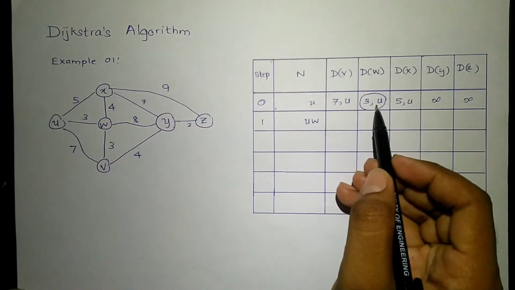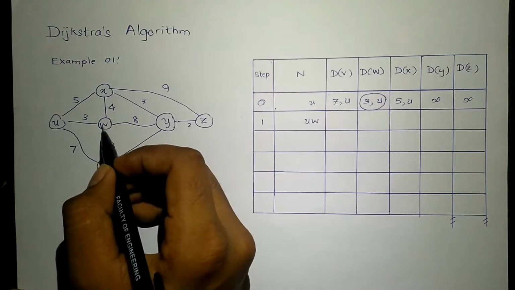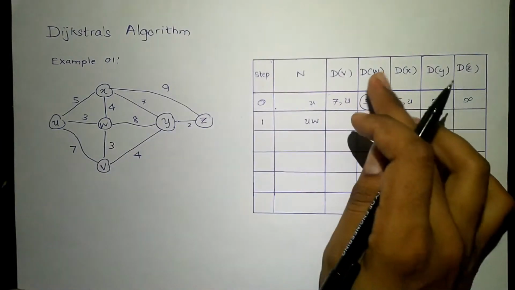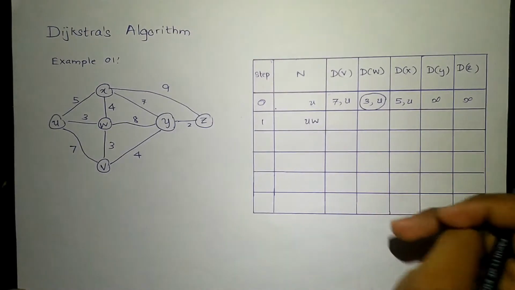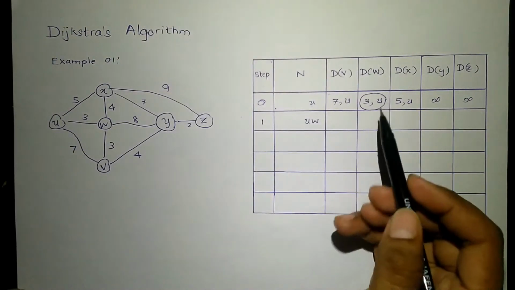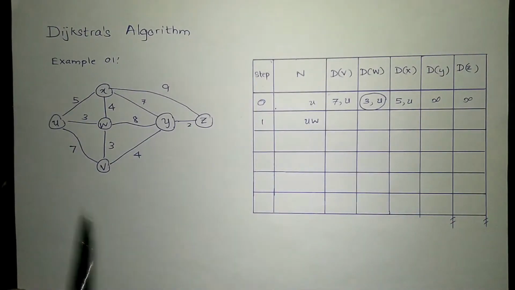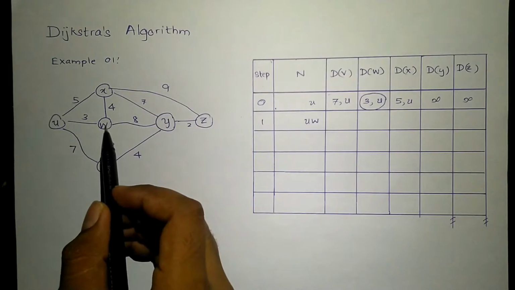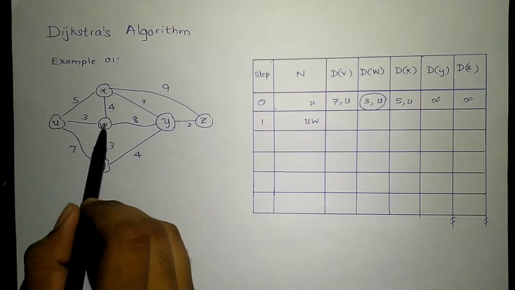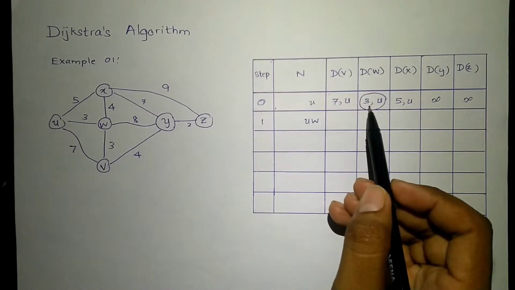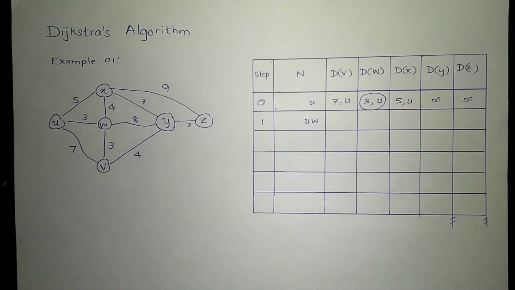From that place we are going to see the distance from W itself, so we don't put data in this column again. So we see how the data is going to each node. From W, the W cost is 3, the W distance is 3. So we have to add that value to the relevant paths.